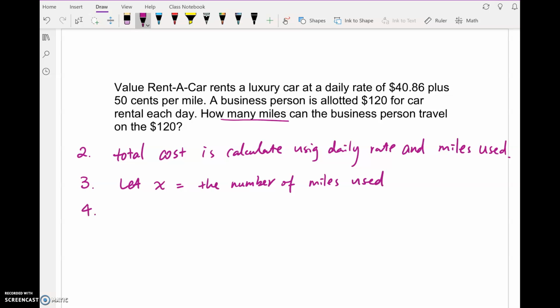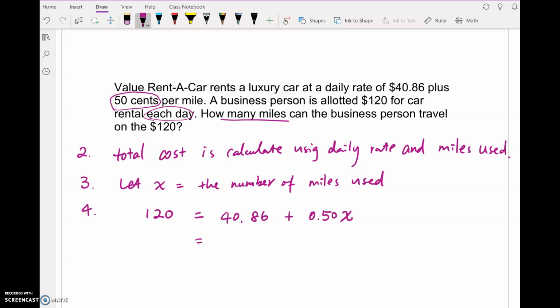So by combining steps 2 and 3 and then the whole problem, we can have the total cost, which is 120. It's calculated using the daily rate since we're just talking about 1 day, so it is 40.86. And then also the mile used for every single mile is 50 cents. So 50 cents multiplied by number of miles.